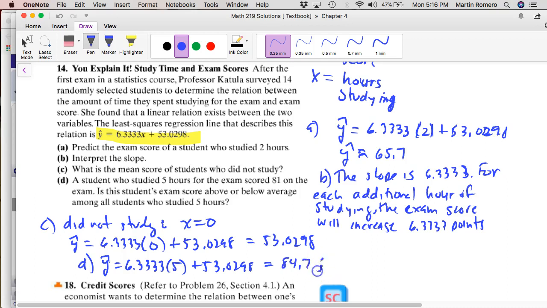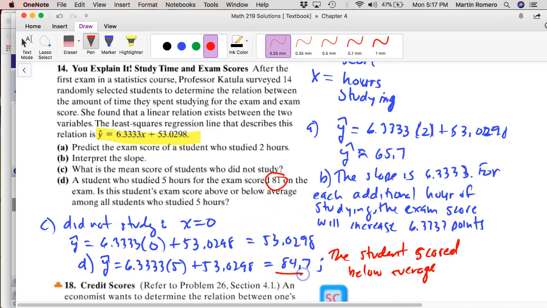And so what that means then is that we would assume the student scored below average for somebody who studied 5 hours, because they scored an 81 and what we would have expected is 84.